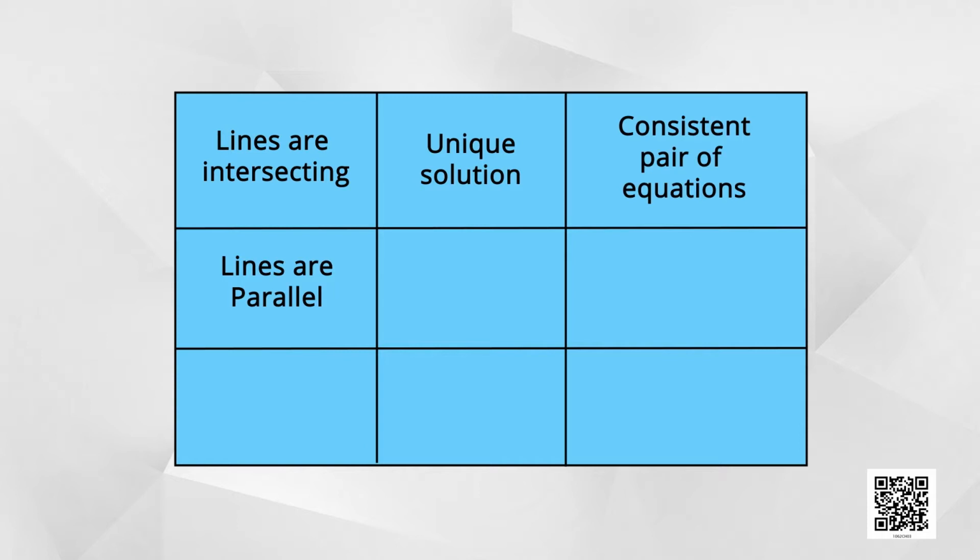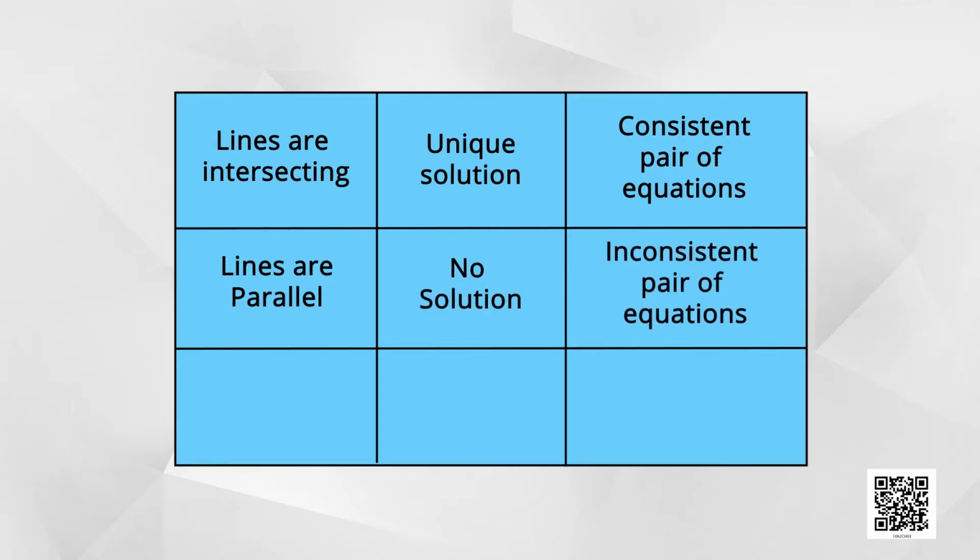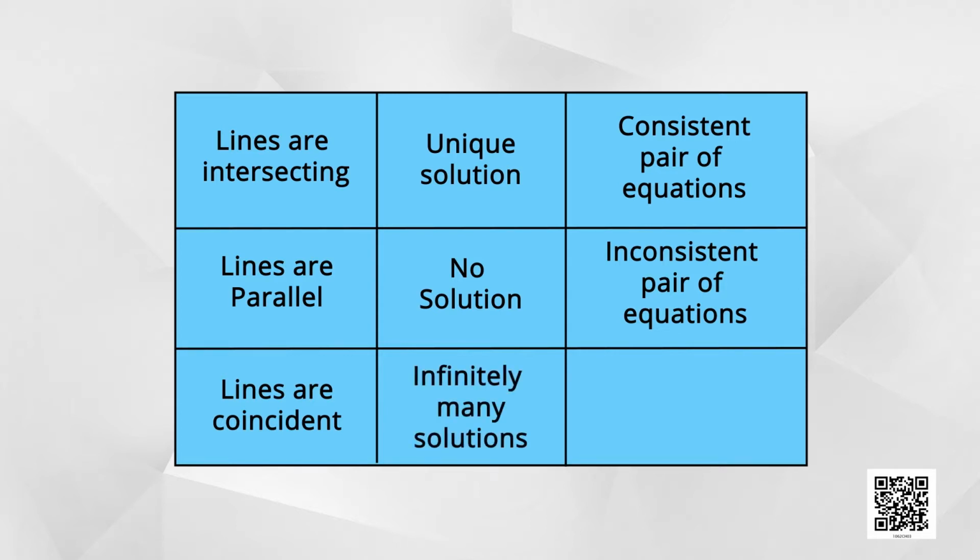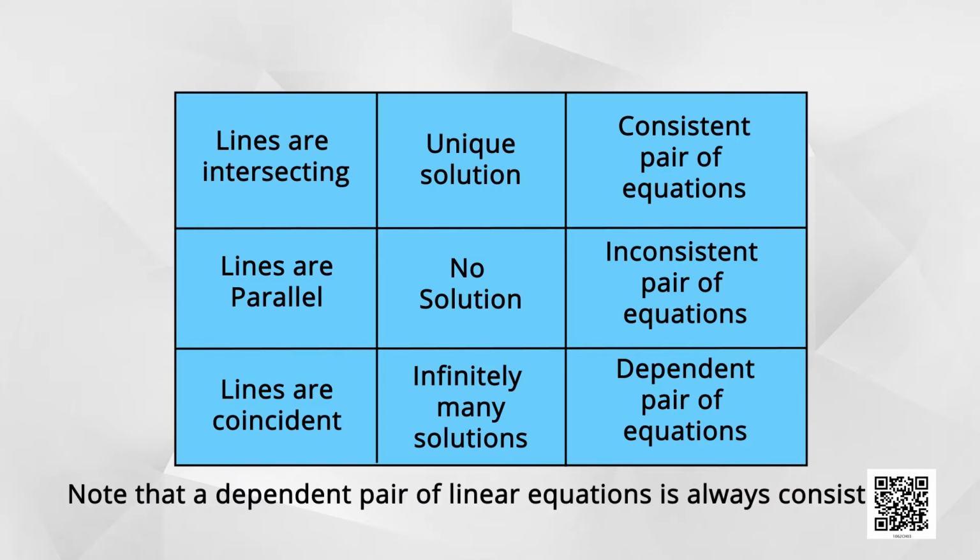In this case, the equations have no solution, that is, an inconsistent pair of equations. Third, the lines may be coincident. In this case, the equations have infinitely many solutions, that is, a dependent pair of equations. Note that a dependent pair of linear equations is always consistent.